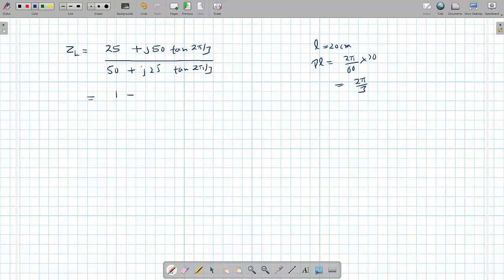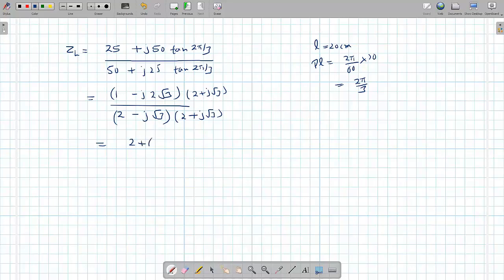Quickly, let us solve this. 1 plus j root 3 and 1 minus j 2 root 3, and this is 2 plus j minus j root 3. So let us take the conjugate of this, 2 minus j root 3 plus j root 3. This will become 2, and 2 into 3 becomes 6, minus 1.